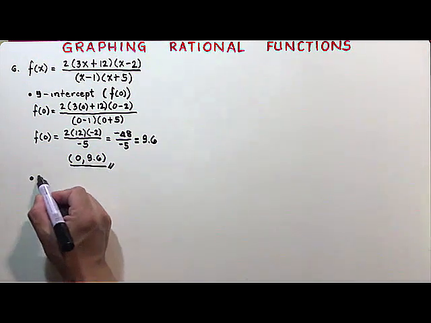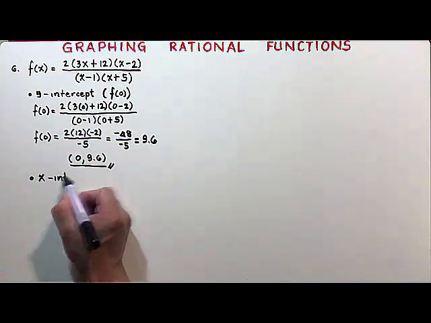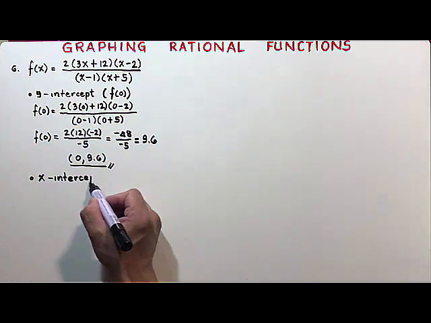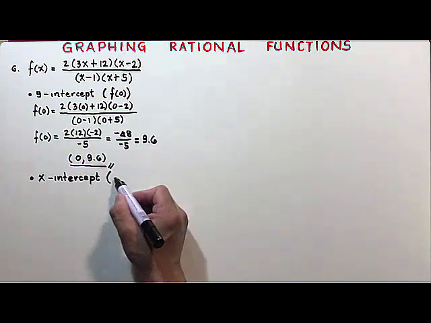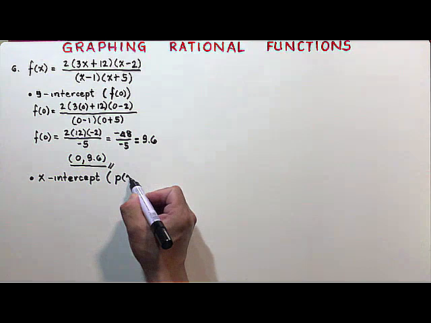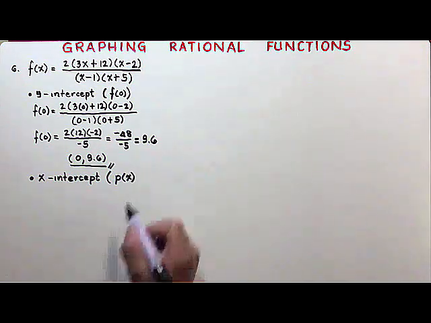Let's proceed to our x-intercept, if there's any, for this function. Our x-intercept, remember, can be obtained when you set the polynomial in the numerator to 0.